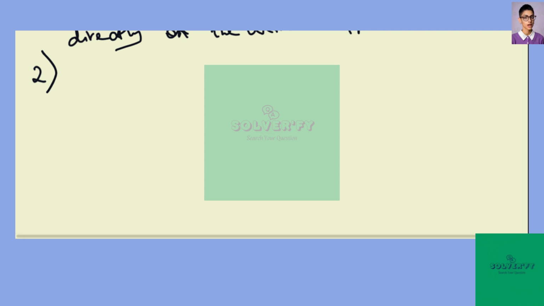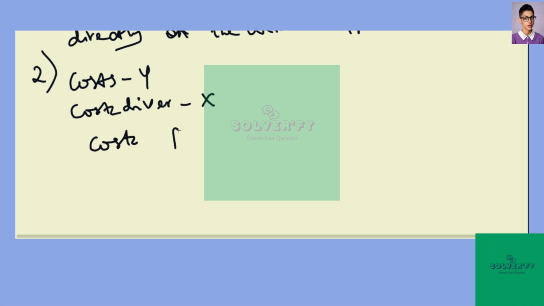So if the cost is given by y and the cost driver is given by x, then the cost function formula will be given by the following, with the slope coefficient b and the intercept of a: y equals a plus bx.